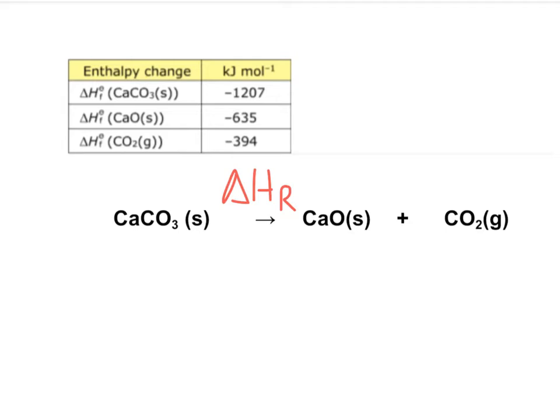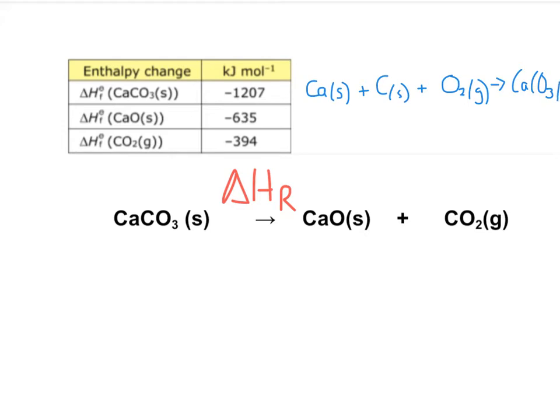Now we're going to write out the 3 equations just to remind ourselves of these equations for the delta HF. So for the delta HF of calcium carbonate, I'm going to need calcium atoms reacting with carbon atoms, reacting with oxygen molecules to form 1 mole, and remember it's got to be 1 mole of this calcium carbonate.